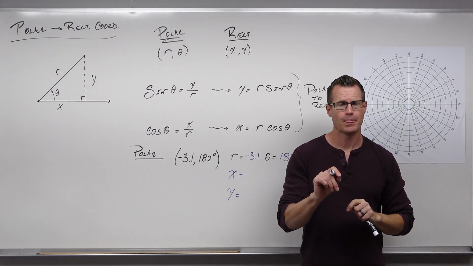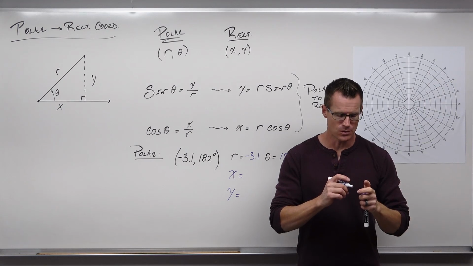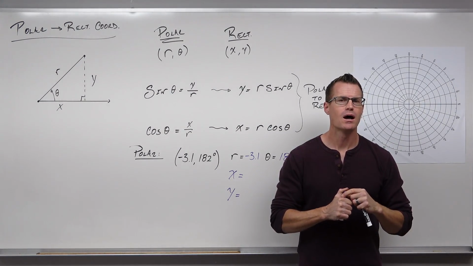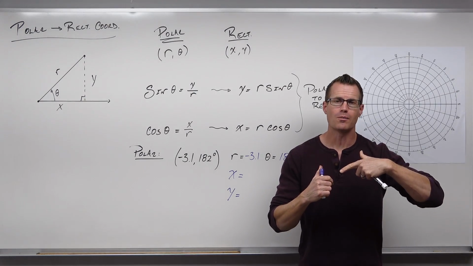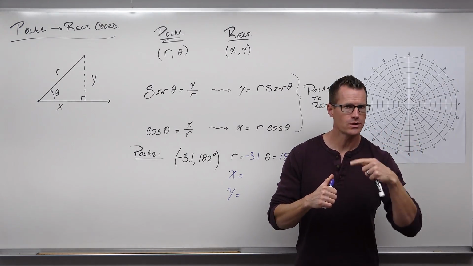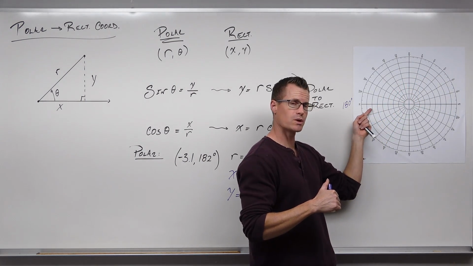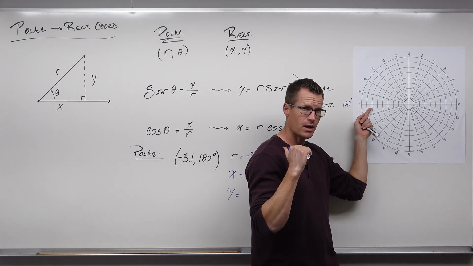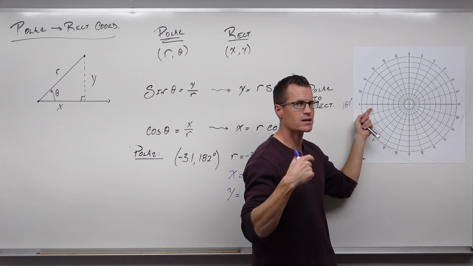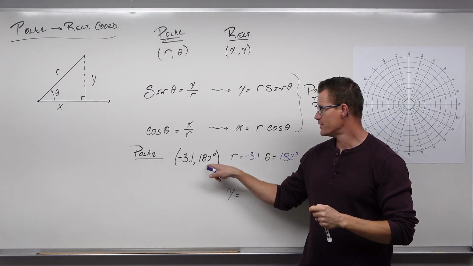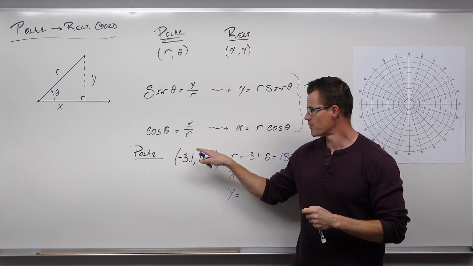Now think about this. I hope you remember this. You can always change the sign of your r by adding pi. What that also means is that positive r and negative r are pi radians, or 180 degrees, different from one another. So 182 degrees at negative 3.1 would be the same thing as subtracting 180, giving 2 degrees with positive 3.1.